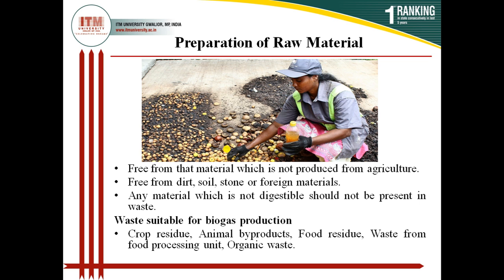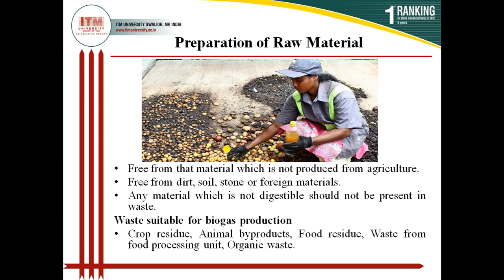So this raw material is prepared by selecting only the degradable or biodegradable waste, the organic waste, and the metallic part, paper part and plastic part are selected and taken out from the lot of agricultural waste.